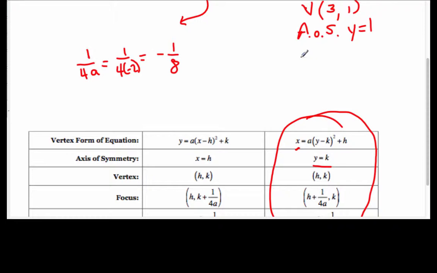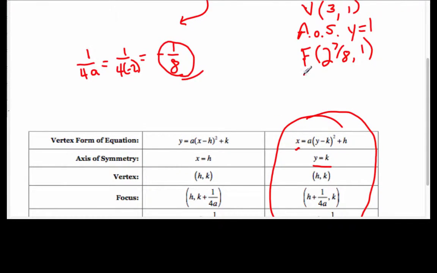All right, so now come over to here, h plus 1 over 4a, and then k. So now this is for my focus. So my focus is going to be whatever the h was. I add whatever that thing is, and over here you can see it's a -1/8. Okay, so f is actually then 3 minus 1/8, which is 2 and 7/8, 1.